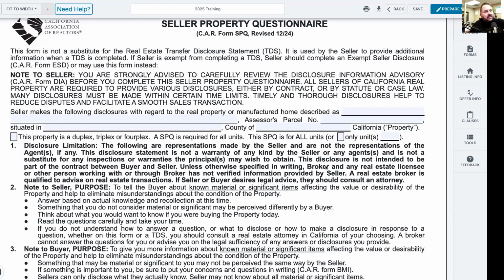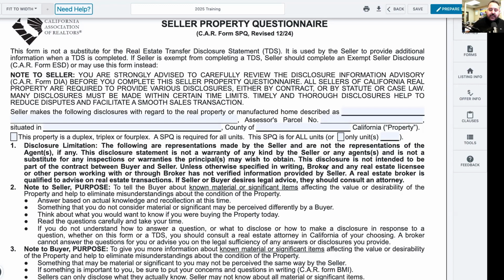First off, this form is not a substitute for the real estate transfer disclosure statement. It is used by the seller to provide additional information when a TDS is completed. If the seller is exempt from completing a TDS, the seller should complete an Exempt Seller Disclosure, SIERRA Form ESD, or may use this form instead.